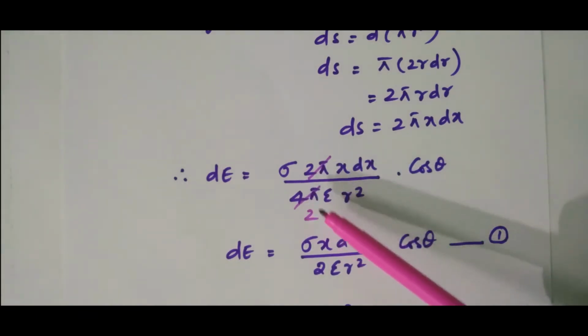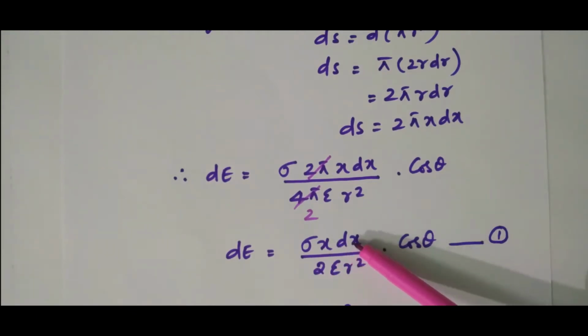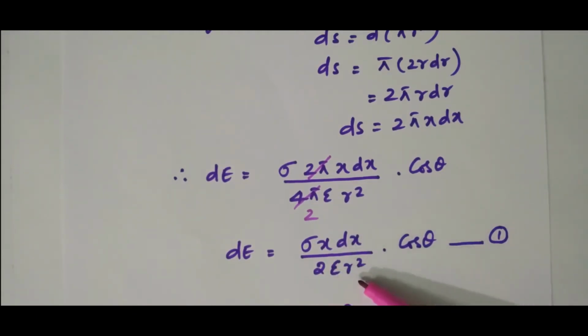The 2 pi got cancelled. So what we got: sigma x dx divided by 2 epsilon r square into cos theta. We'll take this as equation number 1. So after substituting all the values, we got this expression.